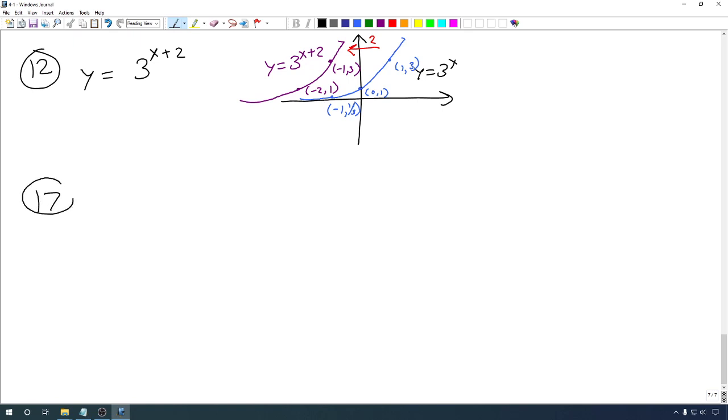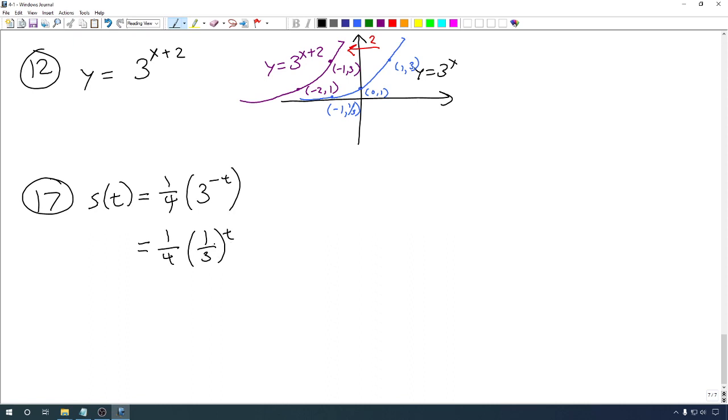What about problem 17? Here we have, so they changed the letters on us here. We have s of t is 1/4 times 3 to the -t power. Now note here that we can use some properties of exponents. 3 to the -t power is really the same thing as 1/3 to the t power.